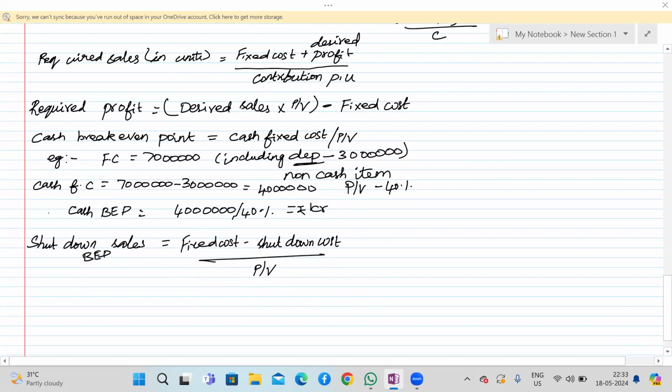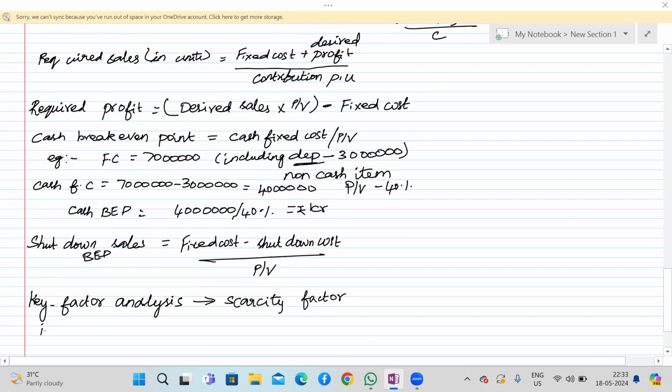Here we have one more concept called key factor analysis. That means scarcity. Key factor means scarcity factor.